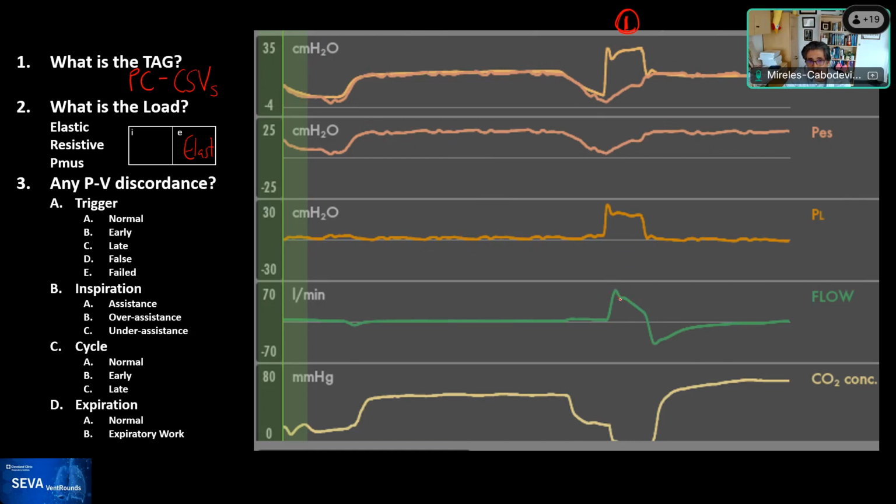The classic finding that I would expect to see is an exponential decay, and instead of that, I see this a little bit more straightened. So I agree with you. I would say that it's PMOS with plus minus elastic load. So great job. That's how I would read this. And obviously you have here the presence of PMOS, but we're going to talk a little bit more.